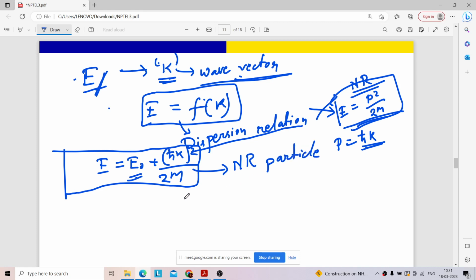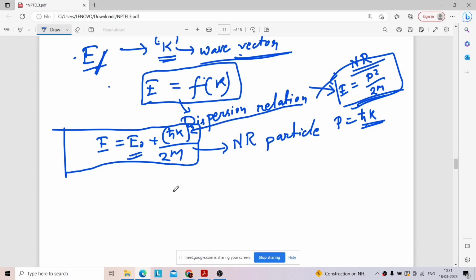Right. So then we can get a dispersion relation as some function like k to the power of some arbitrary integer number or some half integers also.